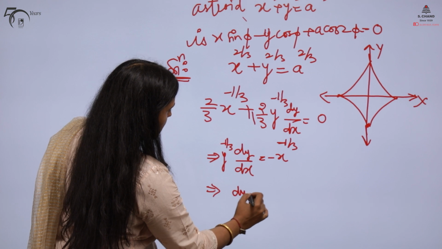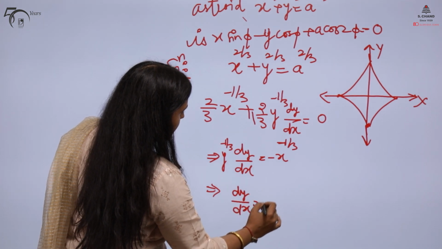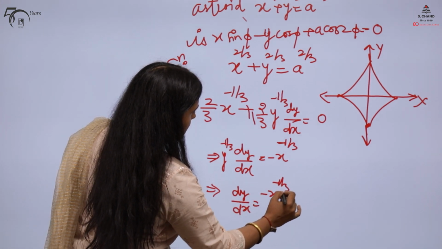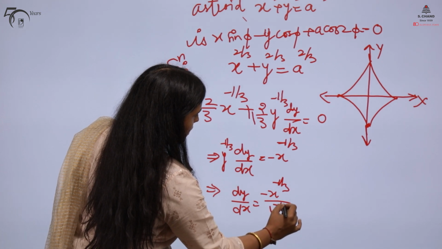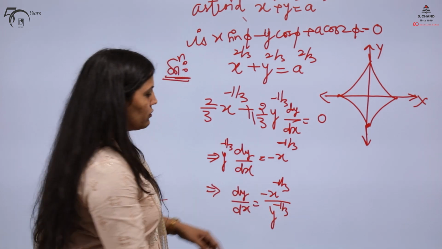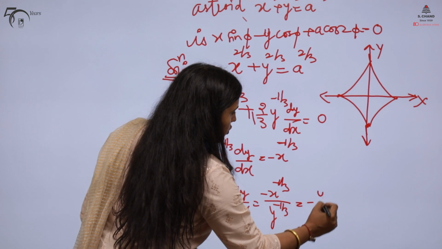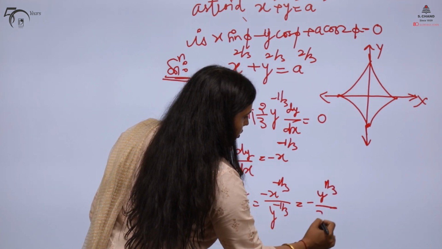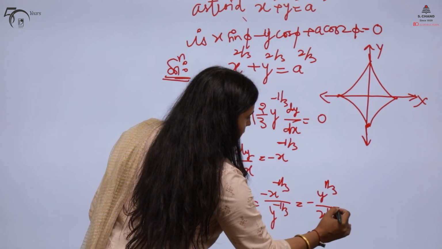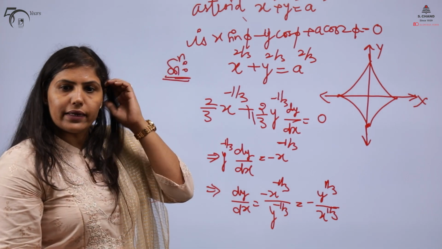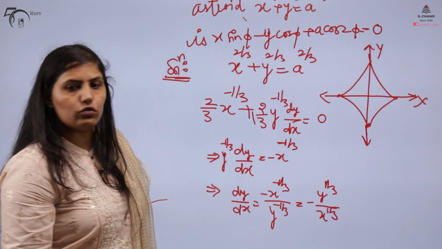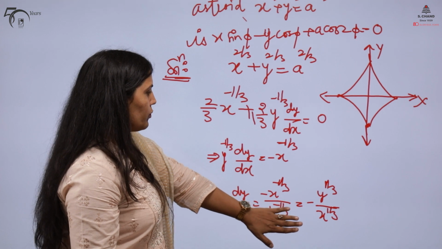So, dy by dx is ultimately minus this upon, as both are in negative powers, you can just switch and make them positive. So, your derivative comes out to be minus y to the power 1 by 3 upon x to the power 1 by 3. This is the slope.